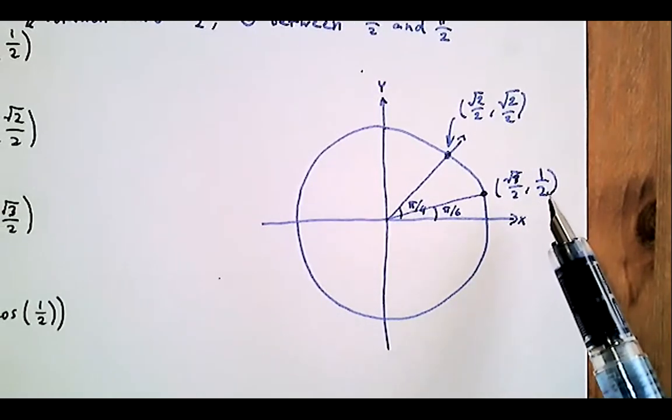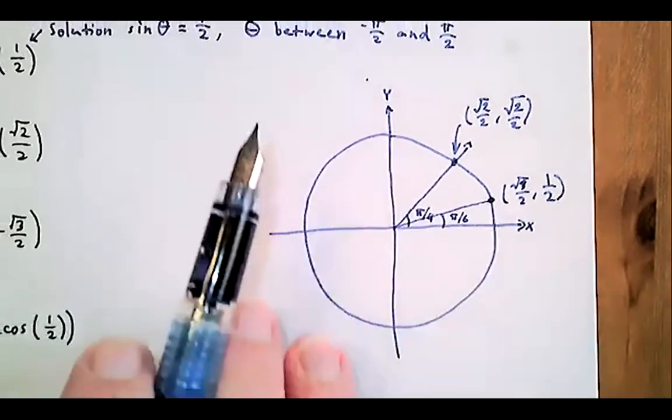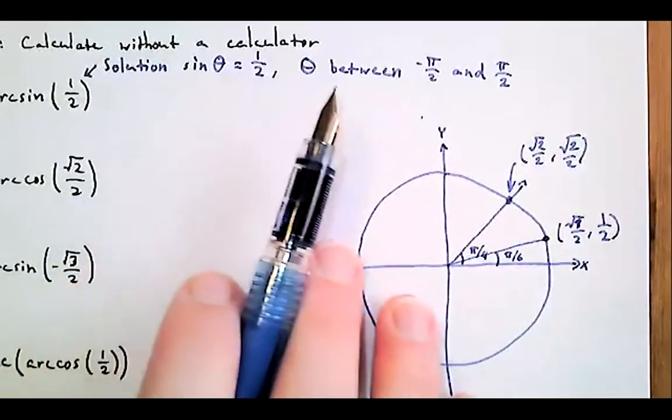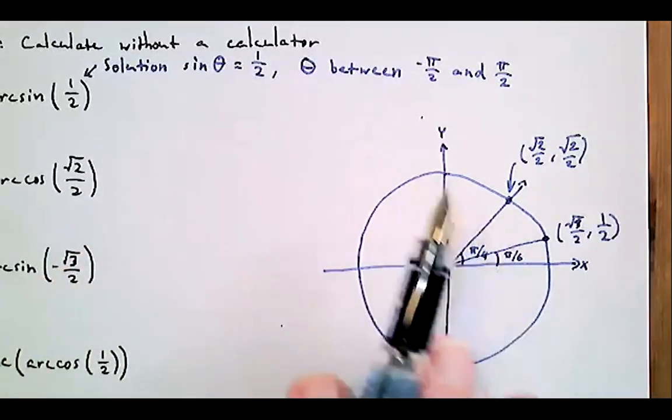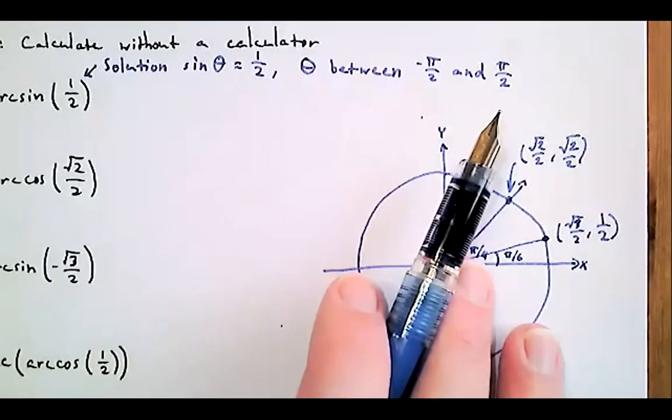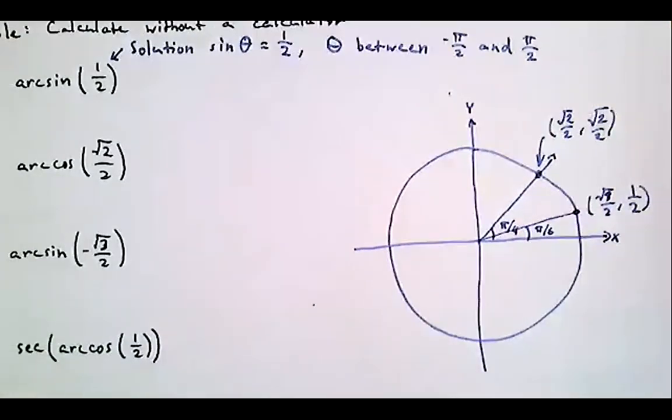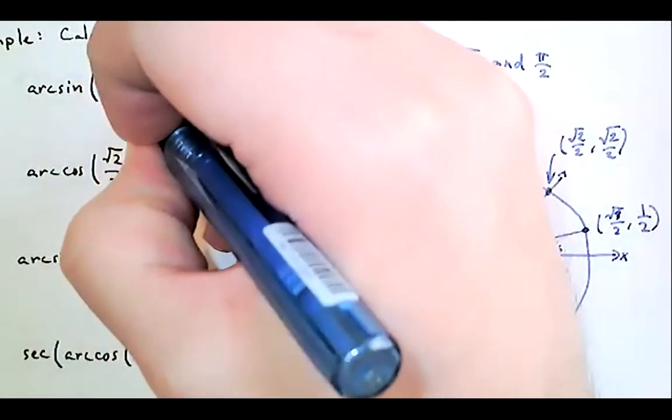The y coordinate corresponds to sine, so that one is the solution. Pi/6 is the angle that gives us 1/2 between -pi/2 and pi/2. Good.